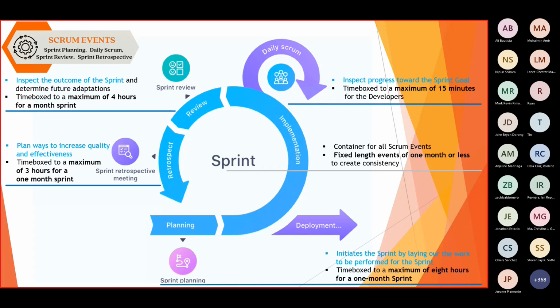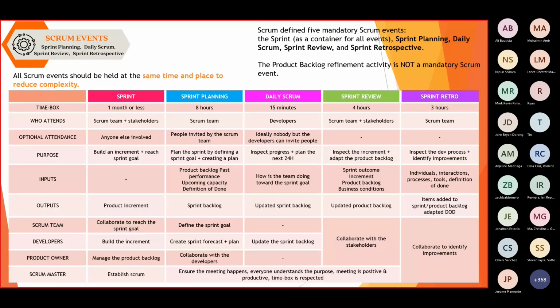Okay, for the next slide, I have a tabular form wherein I summarize all those four Scrum events and included the sprint as the container. We have the specific time box for each of the Scrum events, who the required attendees are, who the optional attendees are, the purpose of these Scrum events, the needed inputs and outputs, as well as the roles of the Scrum team in these specific Scrum ceremonies.